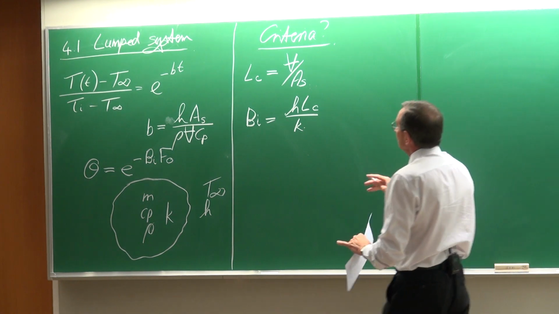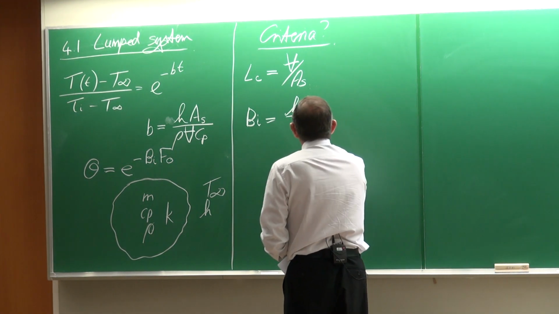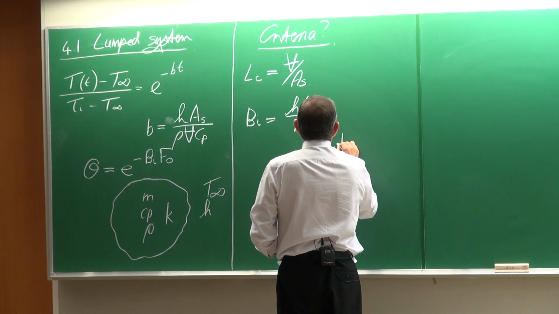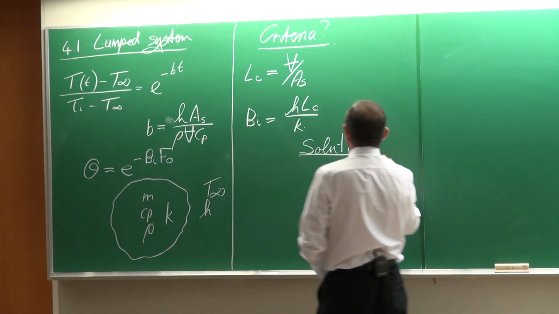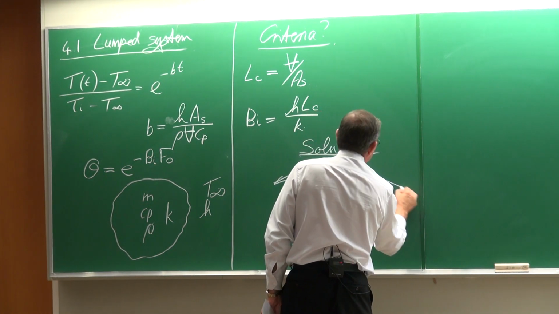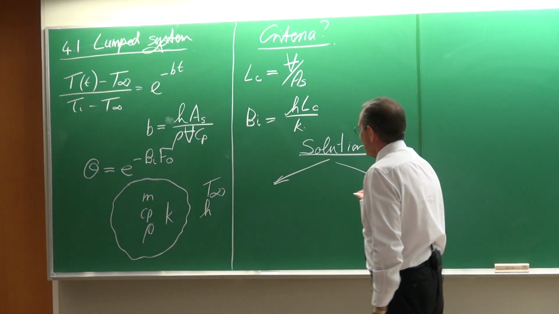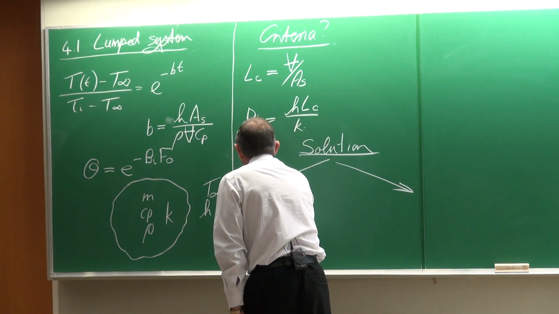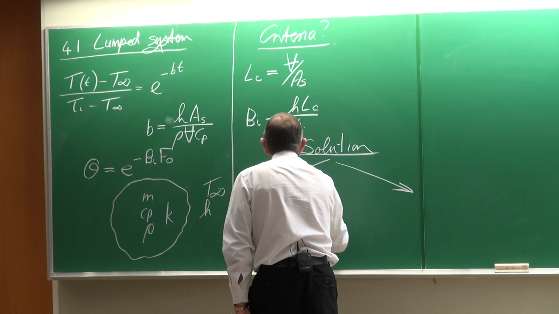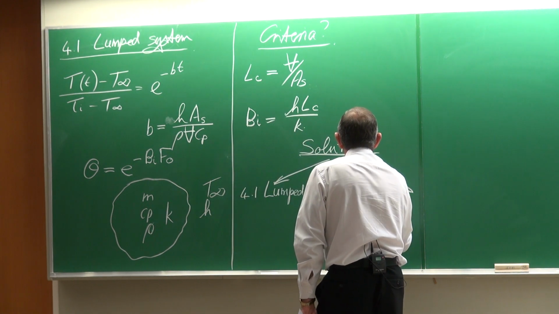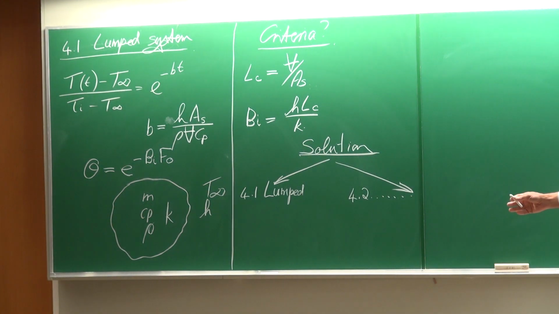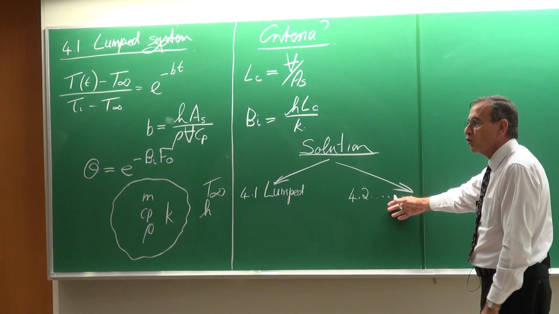And in general, if we have a problem that we want to solve, there are two ways of solving it. The one way is using paragraph 4.1 by saying it is a lumped system, and then the others, 4.2 and all the others, which are much more work, much more complicated.